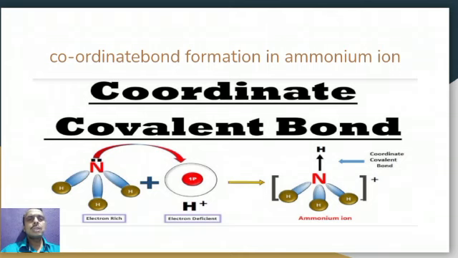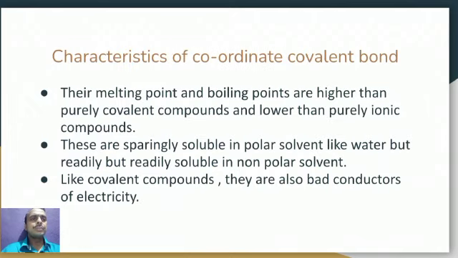So in the ammonia molecule, the nitrogen atom will share the lone pair of electrons with the electron deficient hydronium ion, which forms a coordinate covalent bond with the nitrogen. And here the arrow indicates that the lone pair of electrons is shared with the hydrogen atoms.